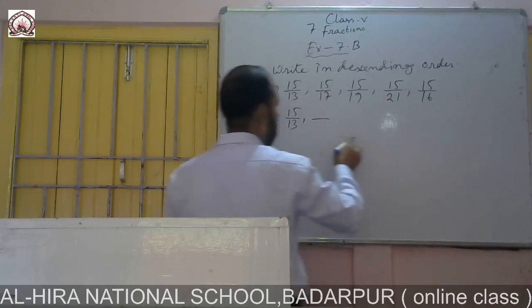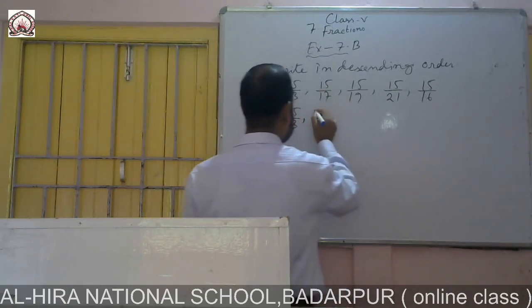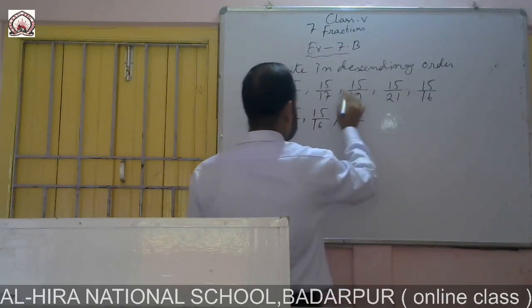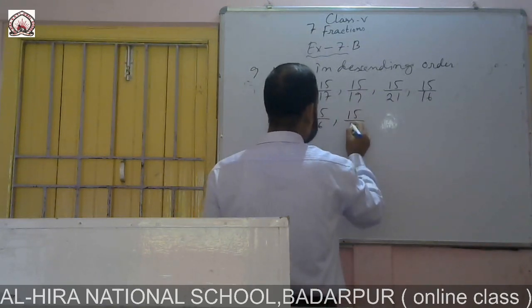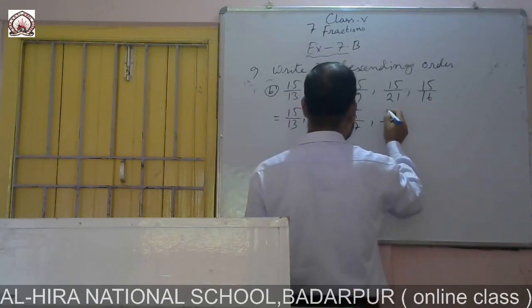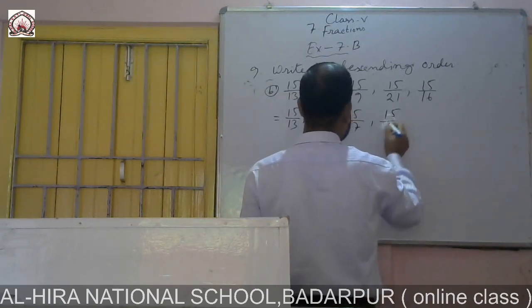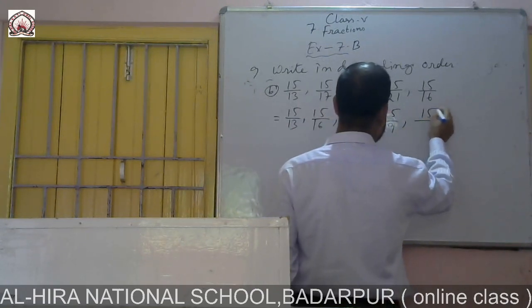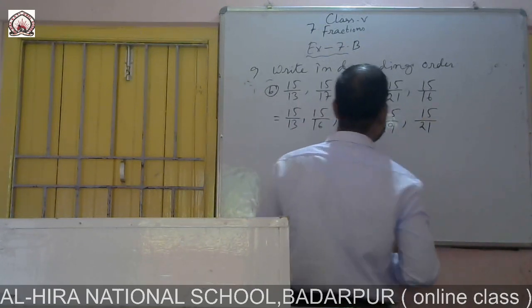Then which one is small? 16. 15 by 16. Then 15 by 17. Next 15 by 19. Next 15 by 21. It is descending order.